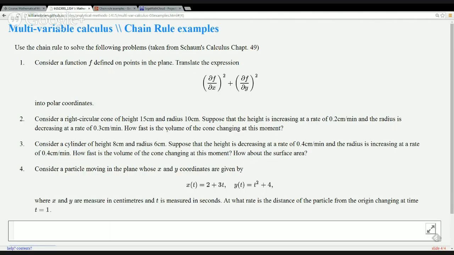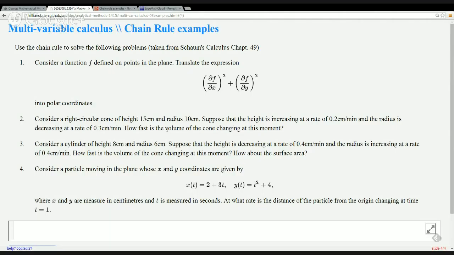So a right circular cone. What's a right circular cone? Well, probably just goes by the name of a cone. It's got a circular base, and the apex is above the center of the circle. It's got height 15 and radius 10.